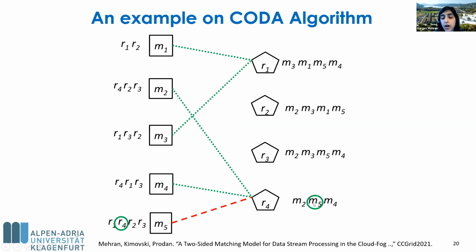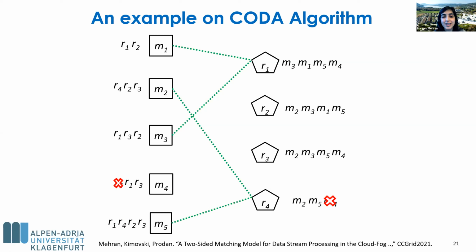But M5 has a higher rank than M4, which had previously been tentatively matched to R4. Therefore, R4 rejects the matching to M4 and instead accepts to be matched to M5.